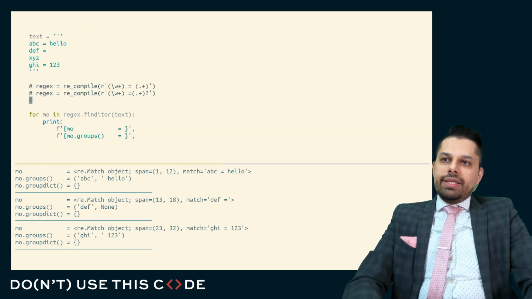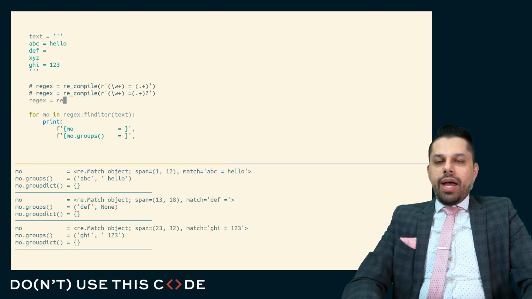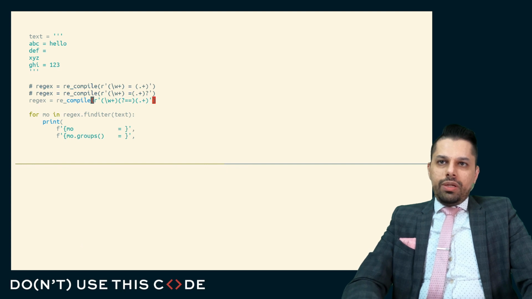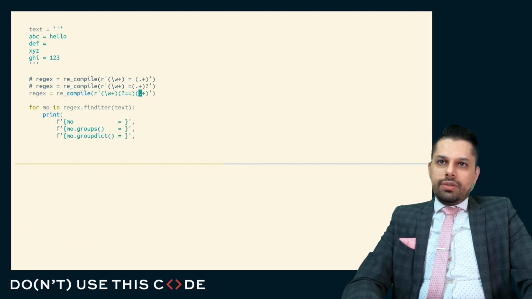And what I could do is say, compile this and match any word character, and then only match it if the next thing happens to be that equal sign, and then match anything more. So this should capture for me just the portions that I want.